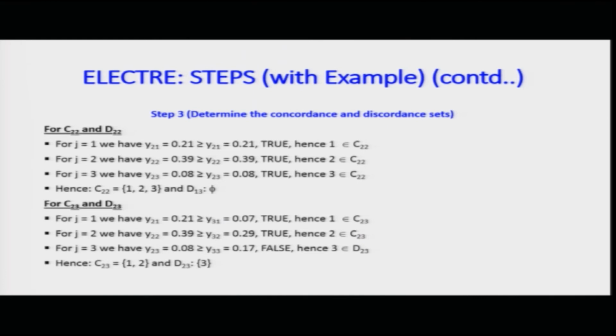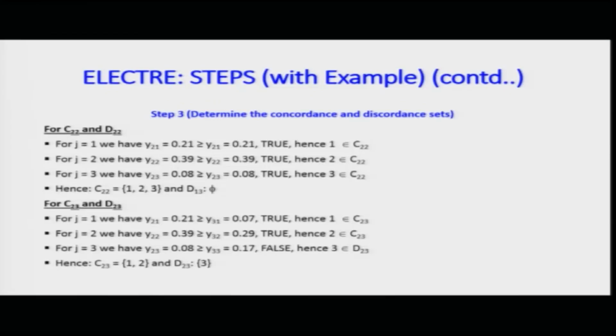Then I go to C22 and D22, again comparing j = 1, 2, 3. The values are true, true, true, because that would obviously be the case for C22, D22, or C11, D11 and C33, D33; everything will fall in the concordance set.